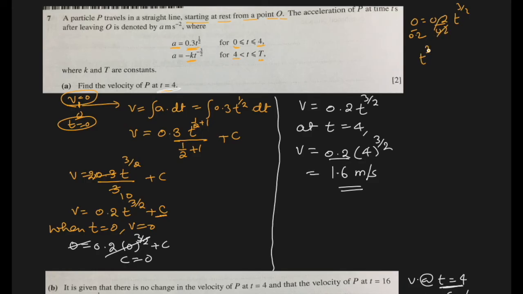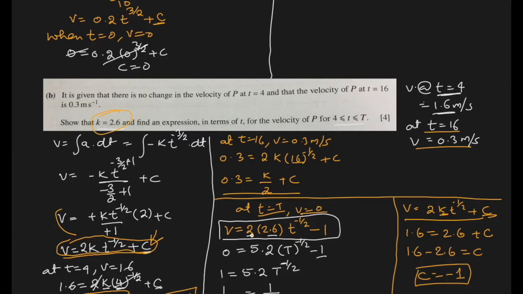So t to the power 3 over 2 is 0, so t is 0. The turning point is at time equal to 0, which is useless because 0 is the starting point, so that's fine. There is no turning point from 0 to 4 with this equation. Let's see for the other one.